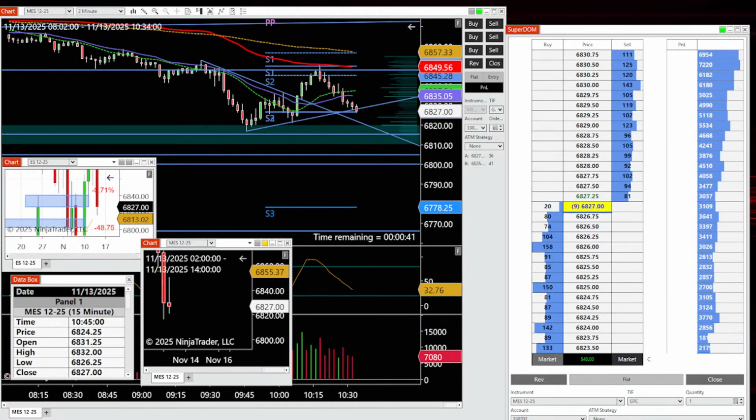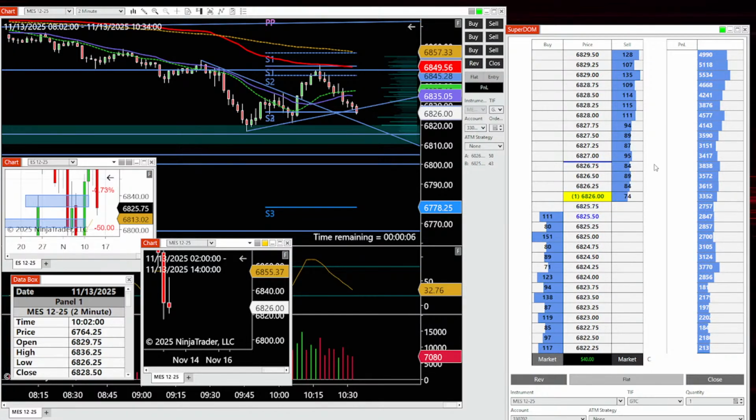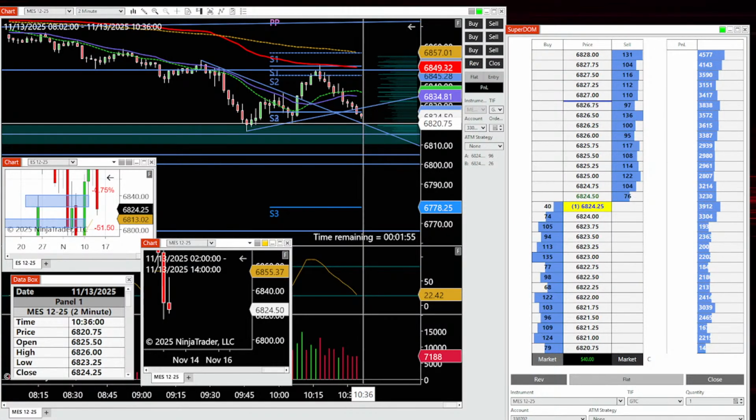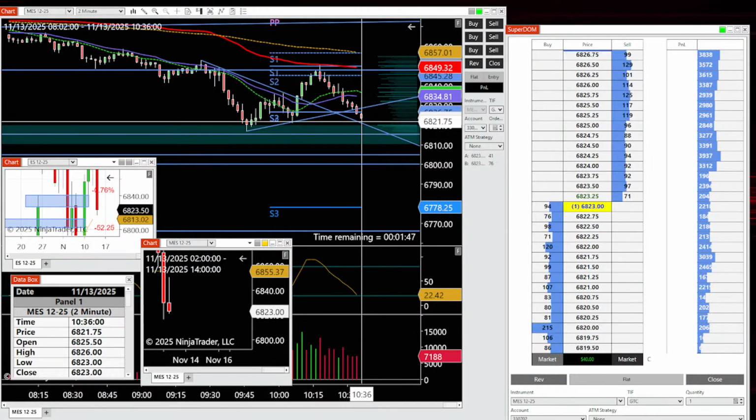Looks like we're going lower. I would have liked this trade down to 20 because it definitely could reach 20, but we can also get a bounce down here.